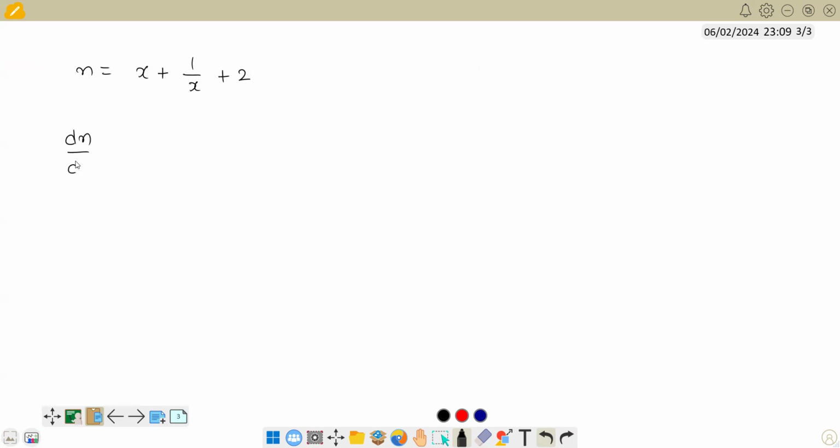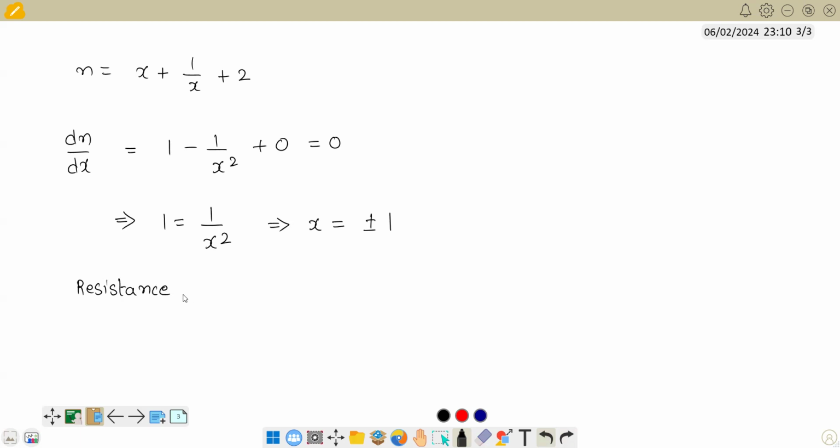If you go for d by dx, you will get 1 minus 1 by x square plus 0, and let us equate it to 0. So you'll get 1 equals 1 by x square, and with this you will get x equals plus or minus 1. And we know resistances are always positive as we deal for the given case.